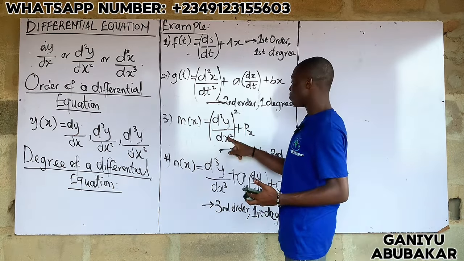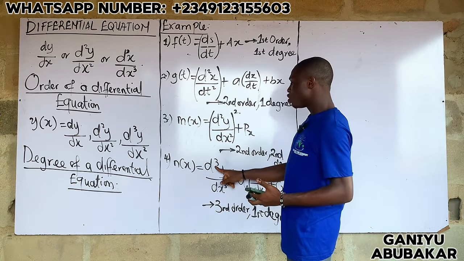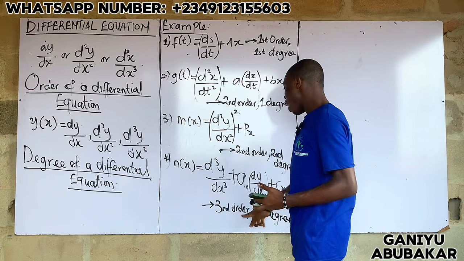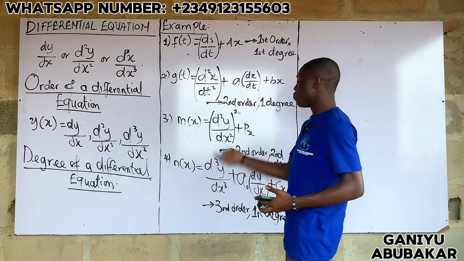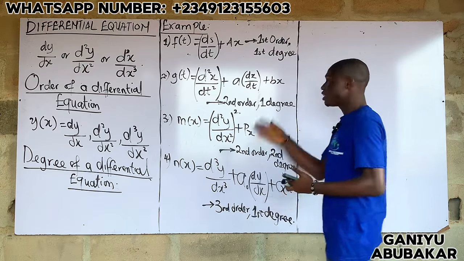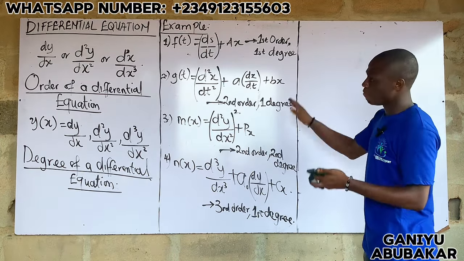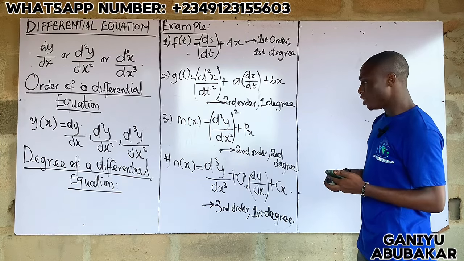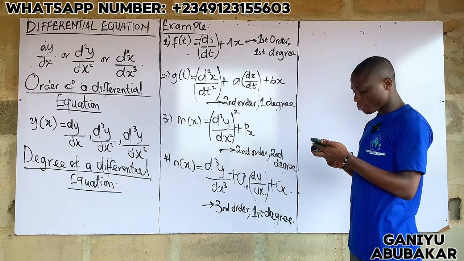The highest power here is 2. That's second order. This is third order, and the highest power to which the highest differential coefficient is being raised is 1. That's all for this particular problem. So this is how to identify the degree and order of a differential equation.